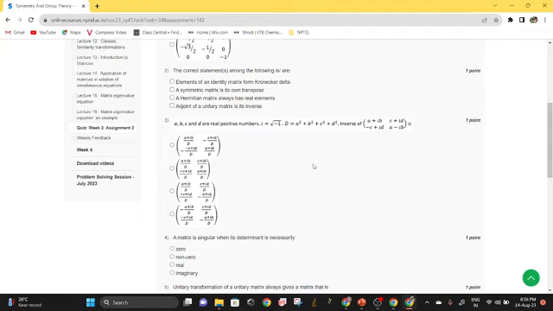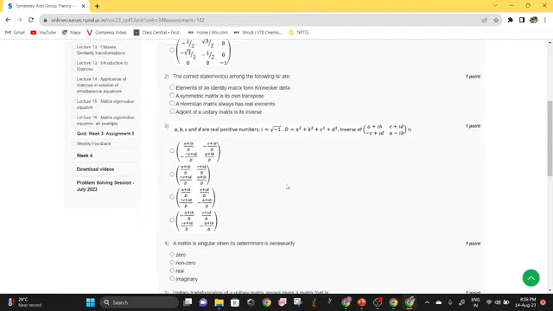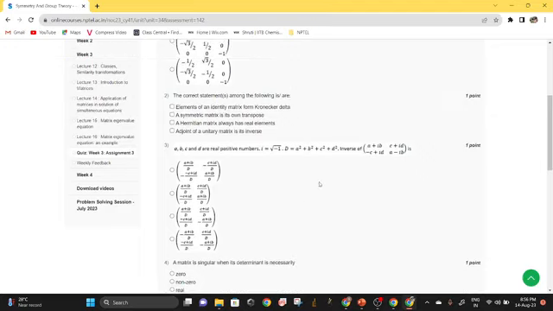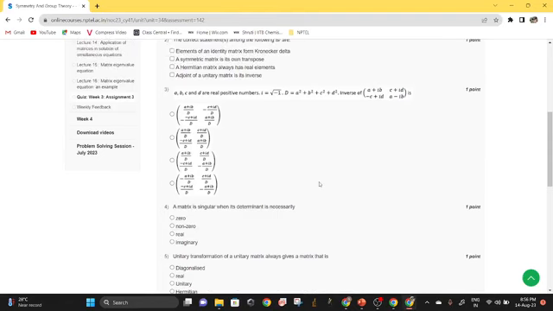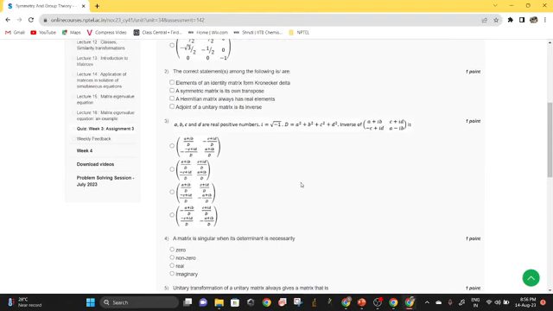Let me see. Shall I do it now or next week? Next week maybe. Here we can see, ma'am, if we multiply the first row with the first column, it is not giving one.